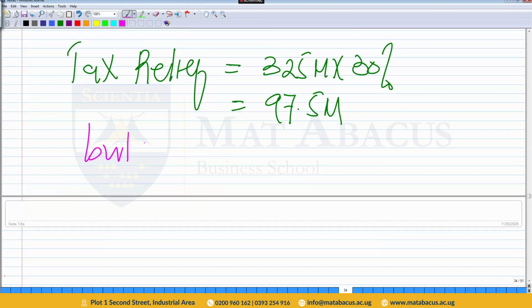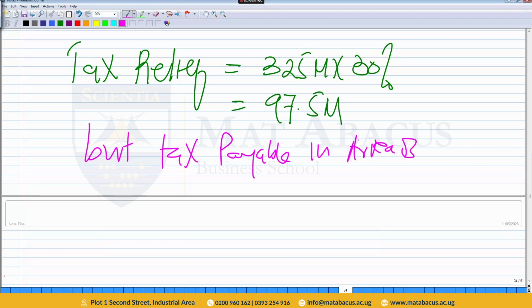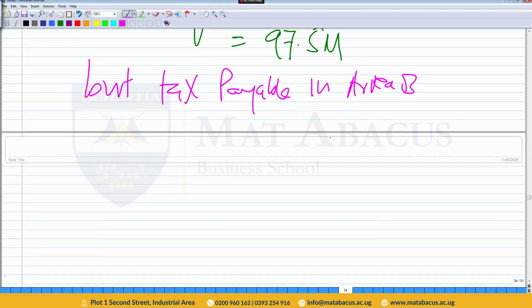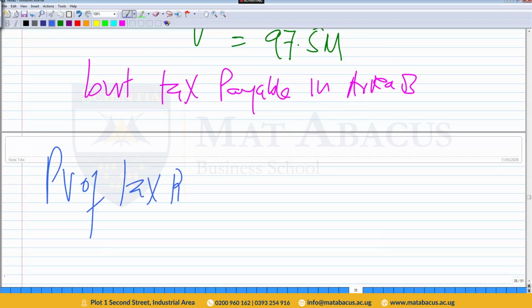But taxes are payable in arrears. According to the new policy, tax is payable in arrears. Because taxes are paid in arrears, then the PV of tax relief on issue cost here is going to be, you discount that, it's going to be 136.